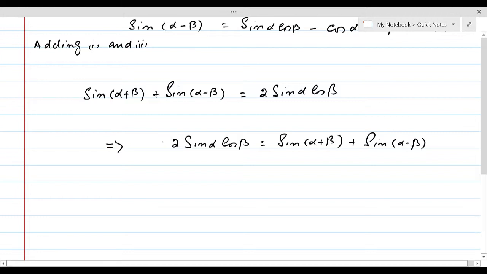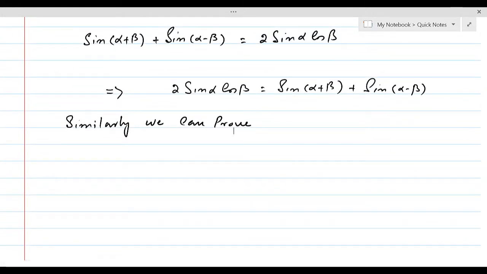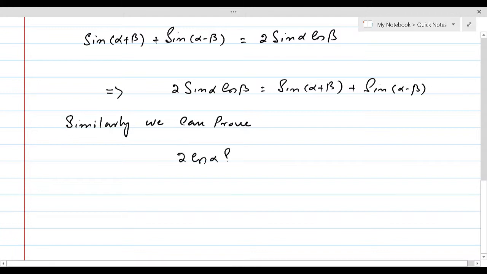Similarly, we can prove the other identities, which are 2 cos alpha sine beta equal to sine of alpha plus beta minus sine of alpha minus beta. This can be obtained if we subtract 2 from 1.